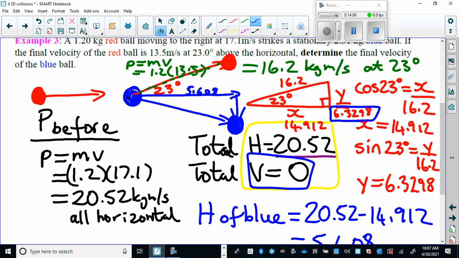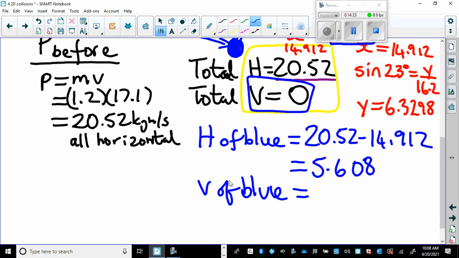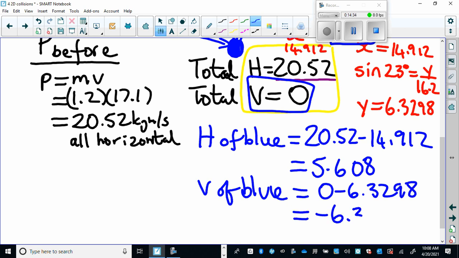Well, you should probably intuitively see that it's just going to be negative 6.329, because 6.3298 plus negative 6.3298 equals 0. So the vertical component of the blue ball is going to be 0 minus 6.3298, which equals negative 6.3298, which simply means that it's going down as we expected.